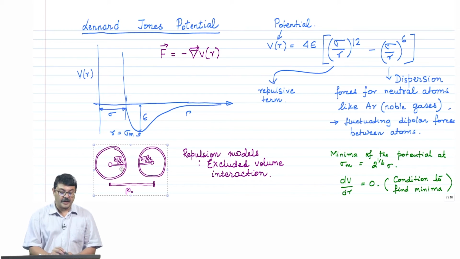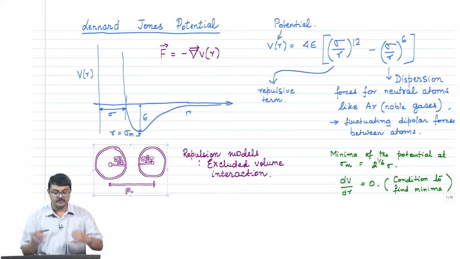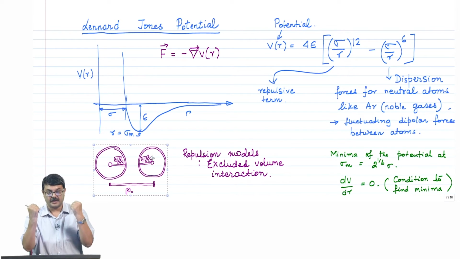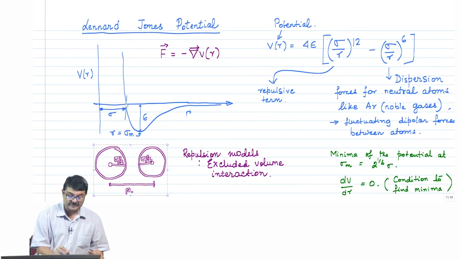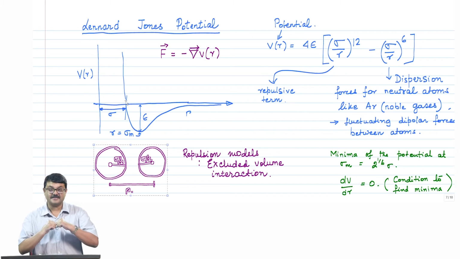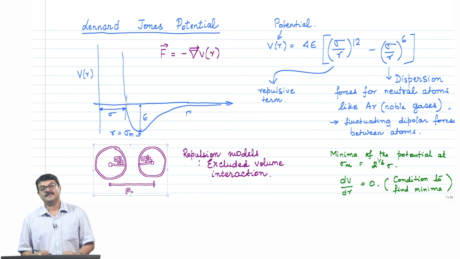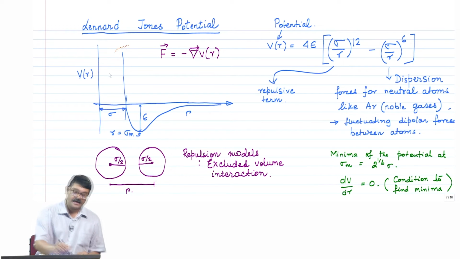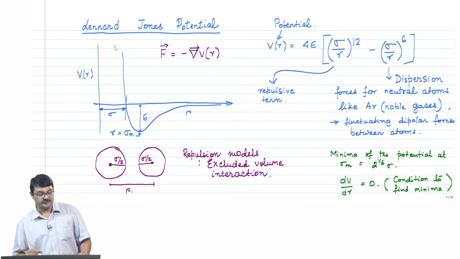When they touch, the distance between their centers would be exactly sigma, and at sigma you see that the potential is exactly 0. But as soon as the distance between particles becomes less than sigma, so basically less than the diameter, there is an extremely fast increase in the repulsive potential, right.